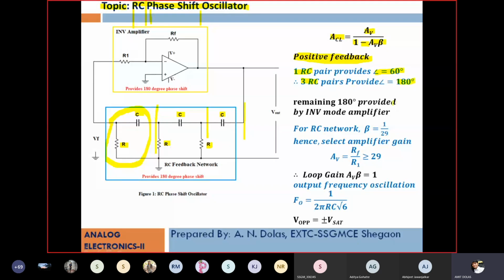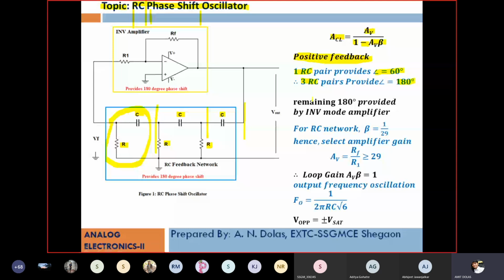But Barkhausen says that loop phase shift, meaning phase shift together with amplifier and the feedback network, must be 360 degree. So the remaining 180 degree phase shift is provided by the inverting mode of the amplifier. Now you know what is inverting mode of amplifier. Here the output of the feedback network is nothing but VF.